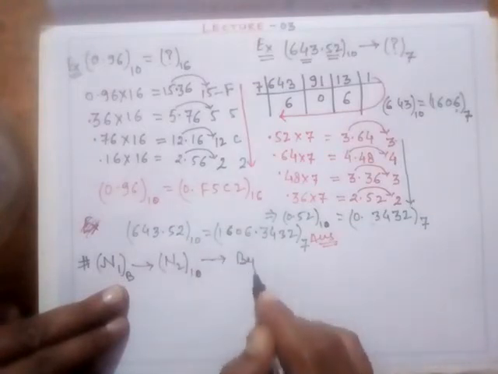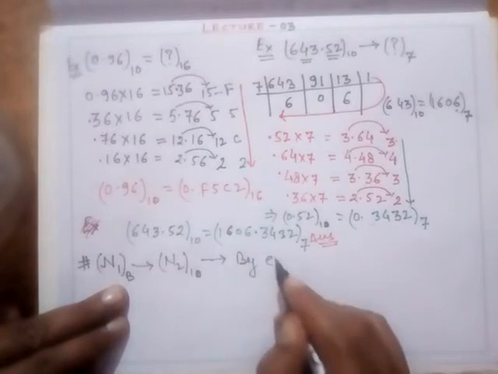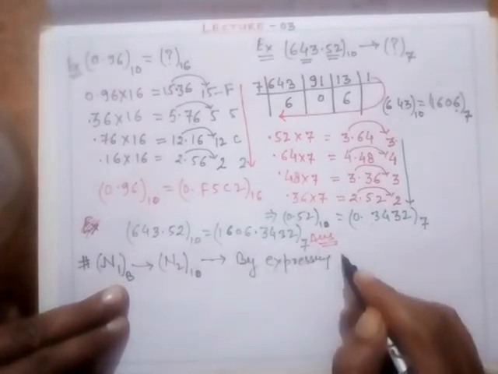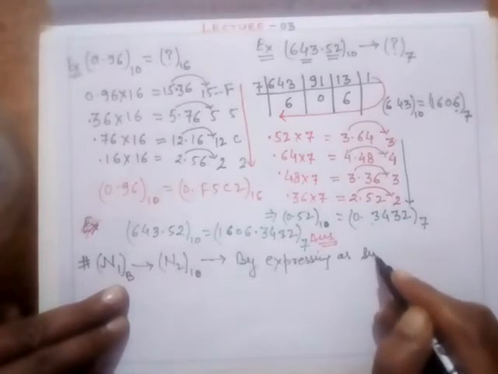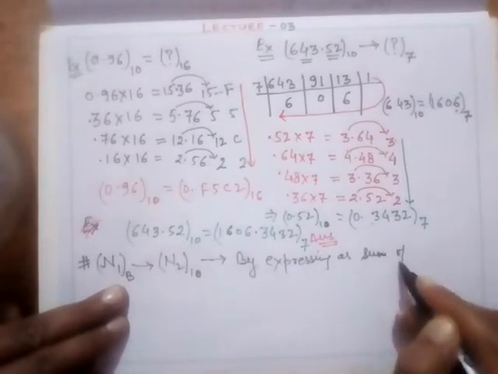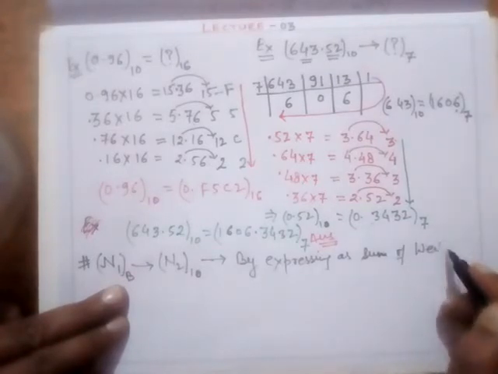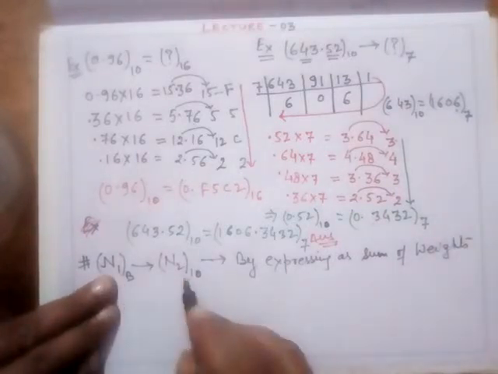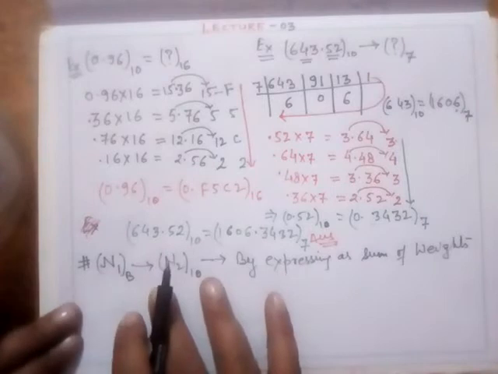We go by expressing n1 as a sum of weights, and it will be converted into a decimal number.